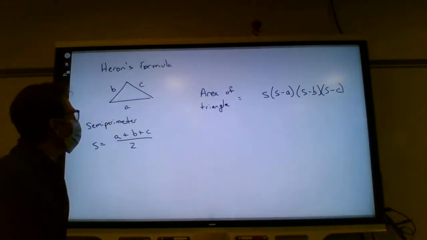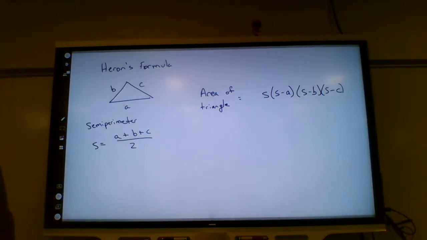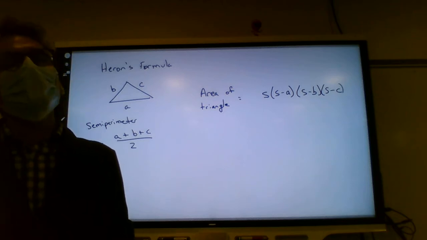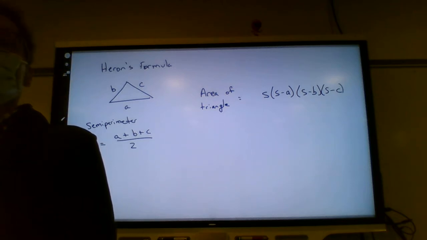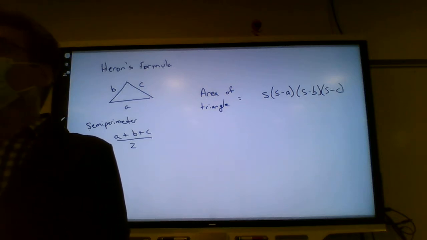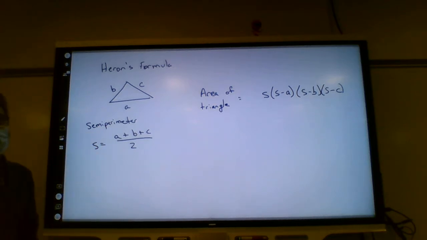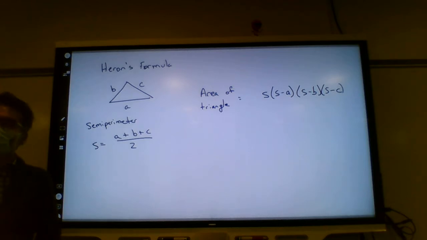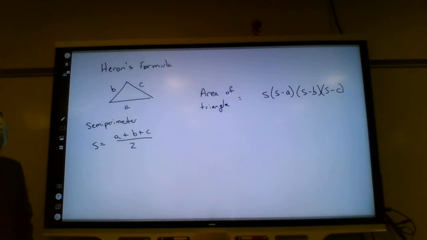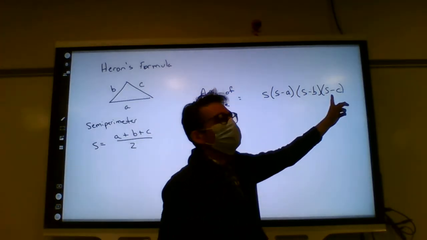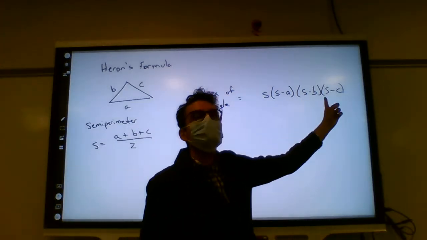Now let's think about A, and we're not quite done, but let's think about A. What kind of thing is A? A is a length, so maybe it's meters. And then B and C are also in meters, so what is S? What are the units of S? It's also meters, right? Meters plus meters is still meters. Divide that by 2, it's still meters. So what are the units of this thing, this number?